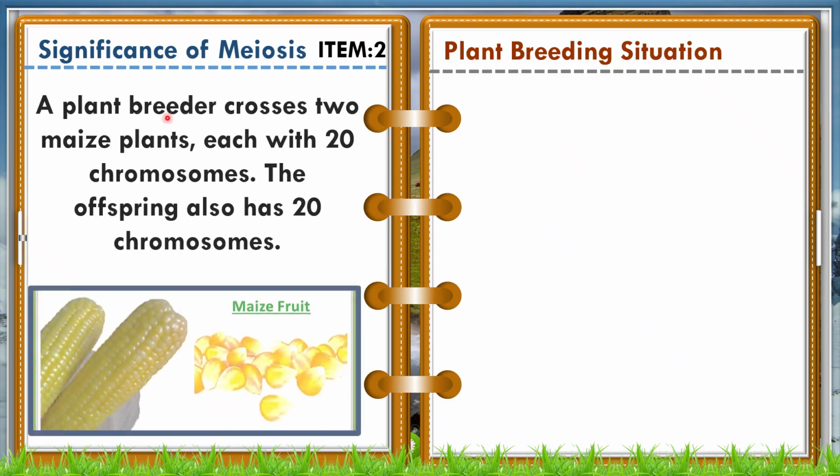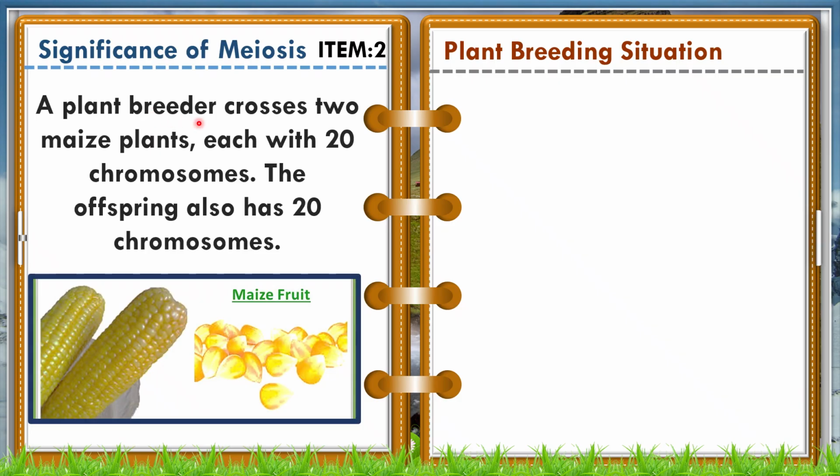Item 2. We are still on the significance of meiosis, the importance of meiosis. Now let us look at a plant breeding situation. A plant breeder crosses two maize plants, each with 20 chromosomes. The offspring also has 20 chromosomes.